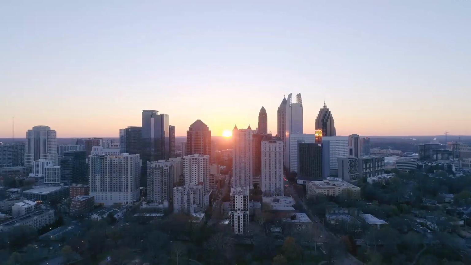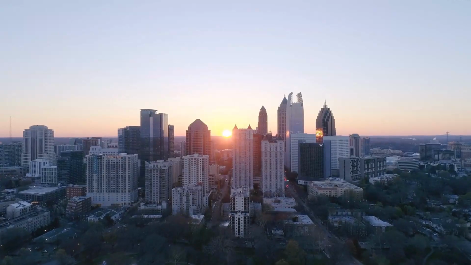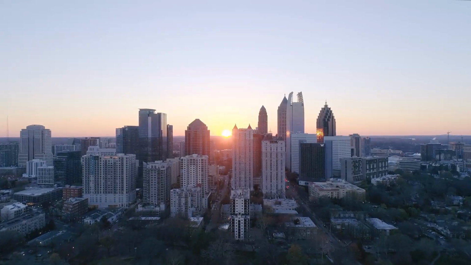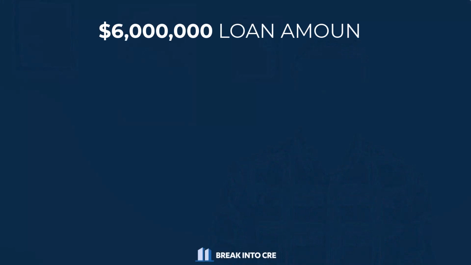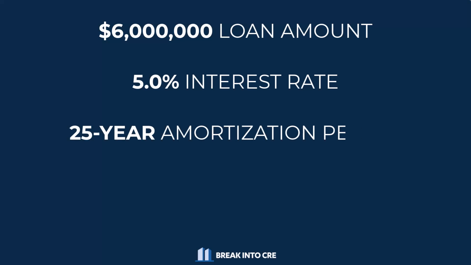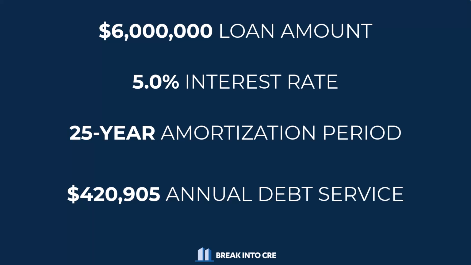And because monthly debt service payments consist of both interest and principal portions, the loan constant will often be significantly higher than the nominal interest rate that's quoted on the debt. And to put this into context, let's take a look at a $6 million loan with a 5% interest rate amortizing over 25 years, resulting in debt service payments of approximately $421,000 per year.